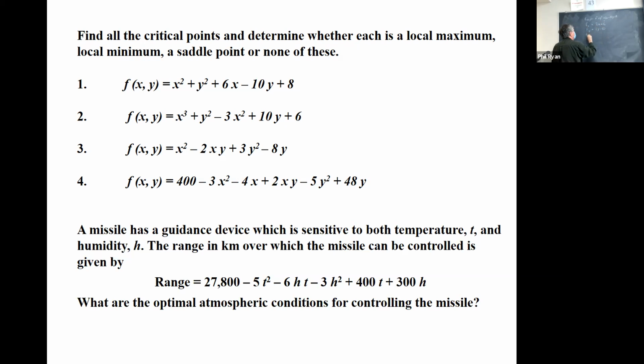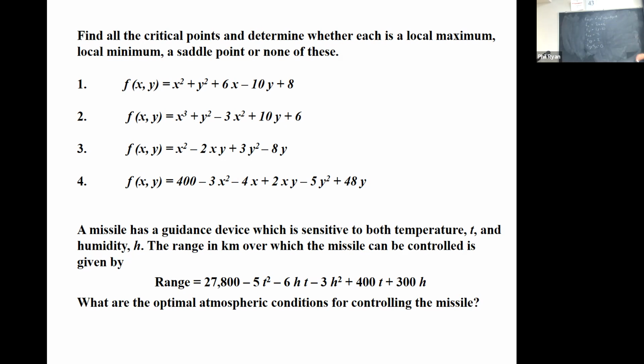Right, so then fxx is what? 2, yep. fyy, fxy, and when we take the derivative of this with respect to y, what do we get? 0. Yep. Excellent.